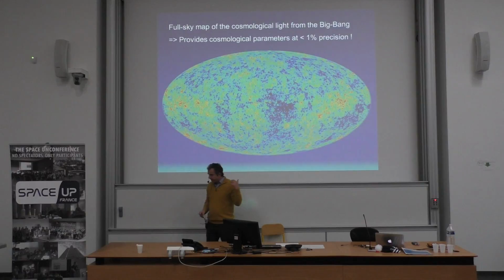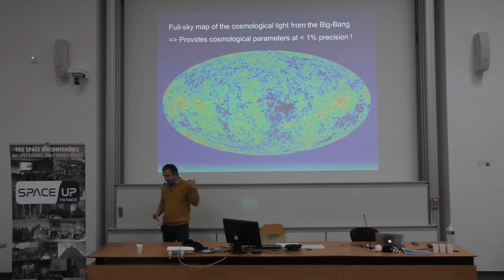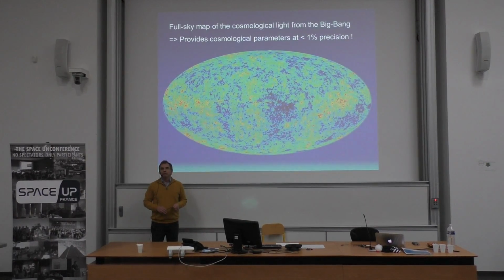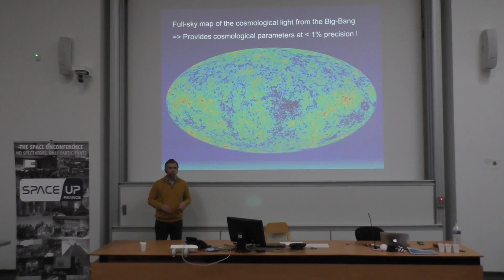One thing that we got here, that was one of the big questions, is how many species of neutrinos we have in our universe. You know, the neutrinos are some kind of weak particles that do not interact very much with matter, but there happen to be a lot of neutrinos from nuclear reactions.